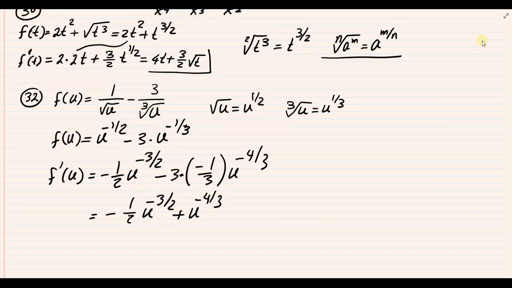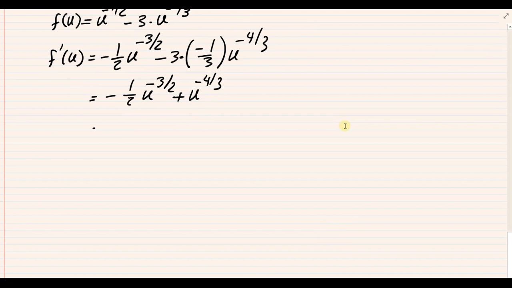And in the last step, we can rewrite this as equal to negative 1 over 2u to the 3/2, using the negative exponent rules, plus 1 over u to the 4/3, and that should do it for this exercise. Okay, so with that we are done with section 2.2.